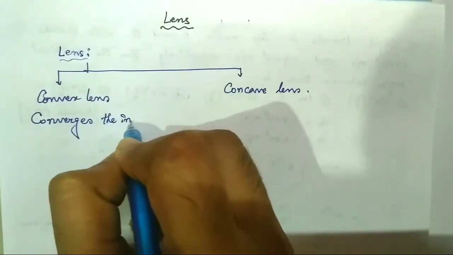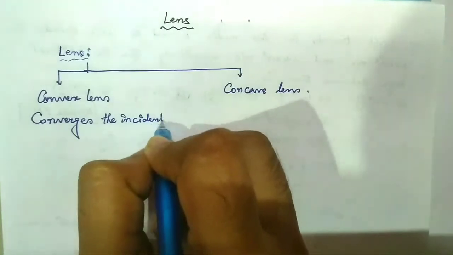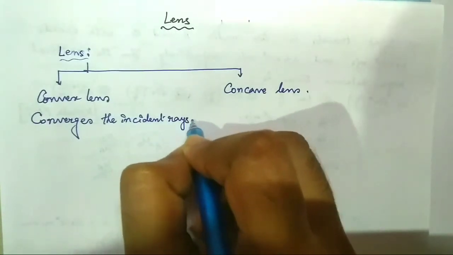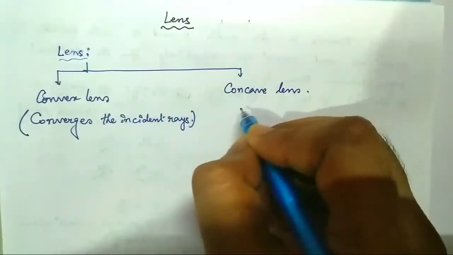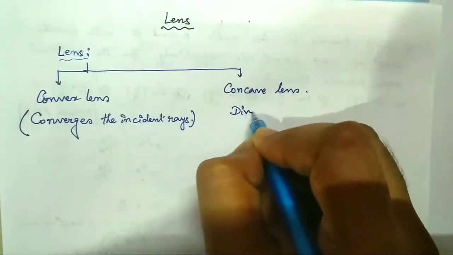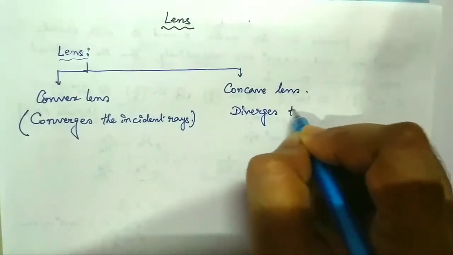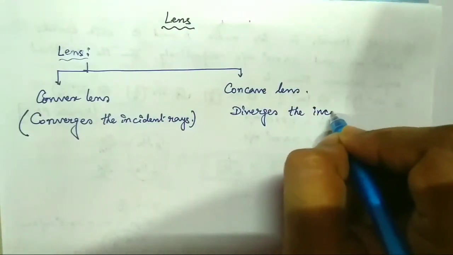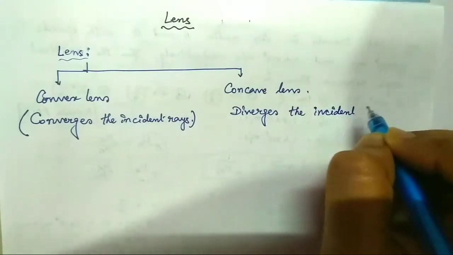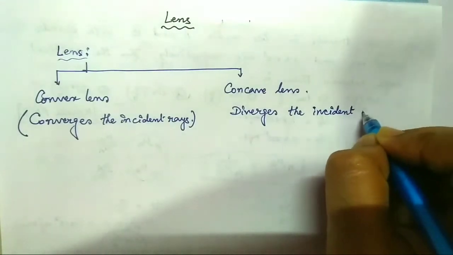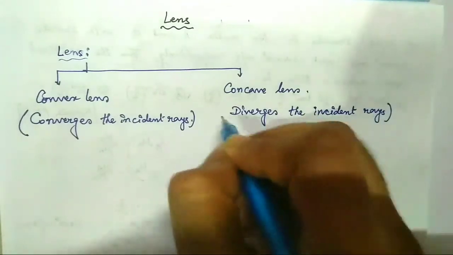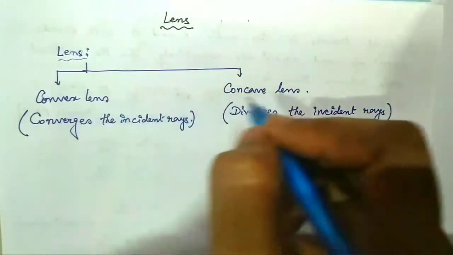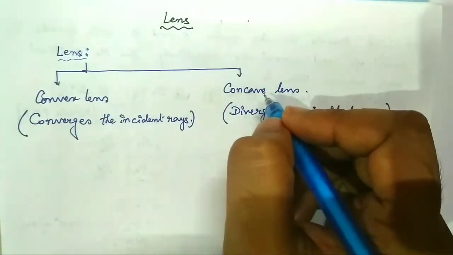Functionally, convex lens and concave lens are opposite.